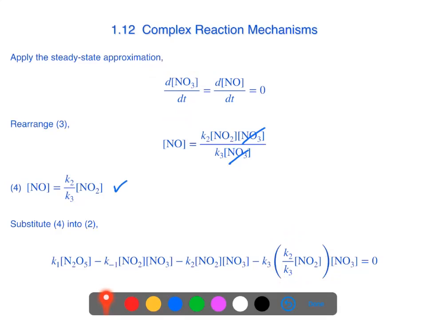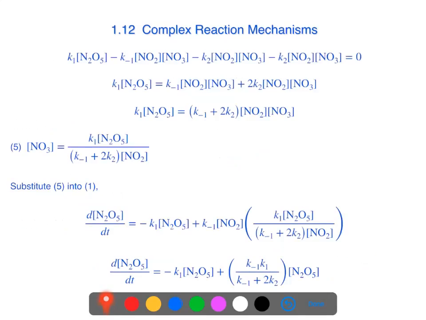You can see right away we have simplification again, where K3s will cancel out. And it's important to carry out these simplifications as we go so that we don't have a lot of simplification to do at any one endpoint.